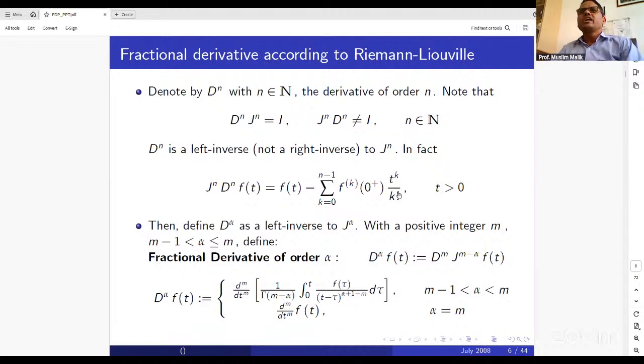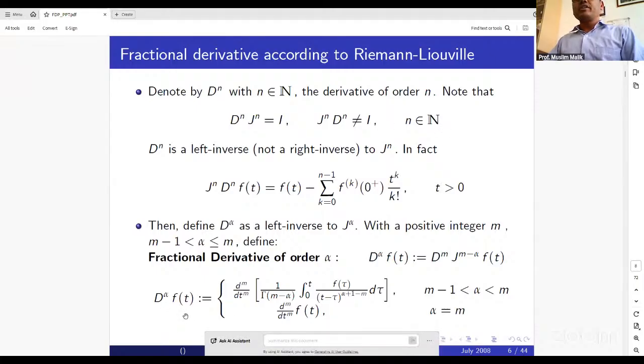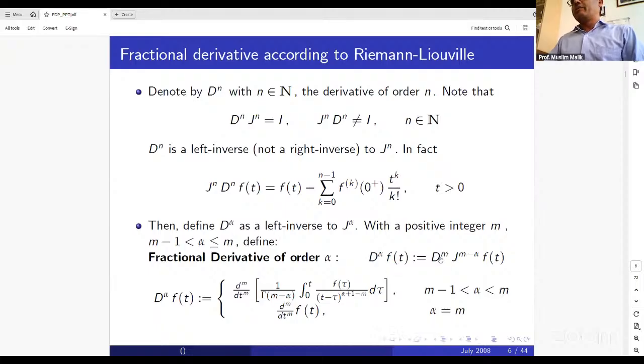Now we are in a position to define the fractional derivative of order alpha, and that derivative should satisfy this property: D^n J^n is equal to I, and J^n D^n is not equal to I, where I is the identity operator. So we define D alpha f of t as follows: take the fractional integral of order m minus alpha of f, and then take the mth derivative of this integral, where alpha lies between m minus 1 and m.